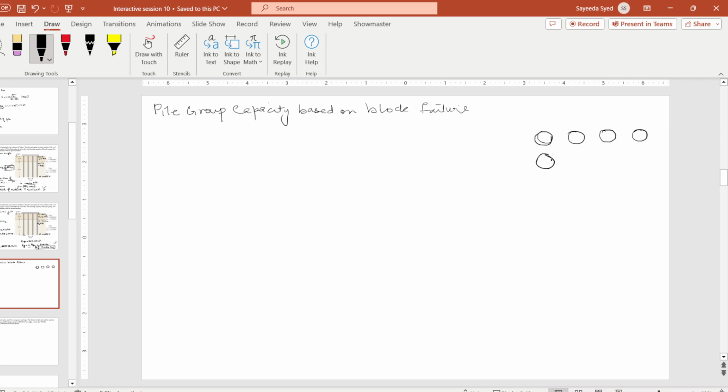Okay. Center to center distance is given as 35, I think. Yeah, 35 inch. So let this be LG and let this be BG.